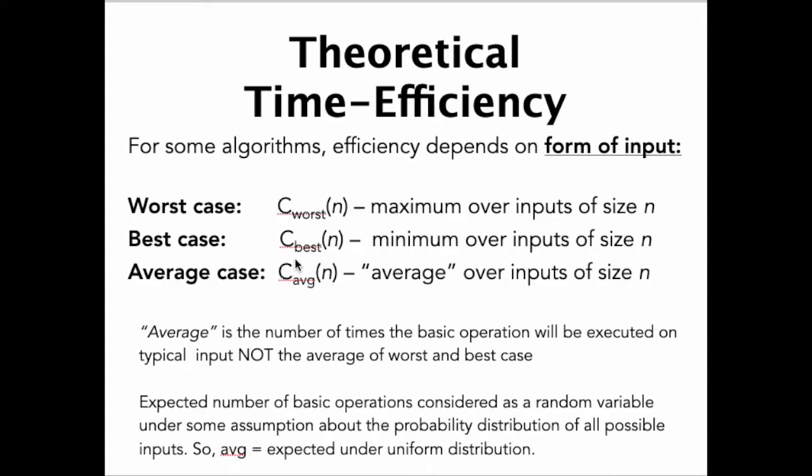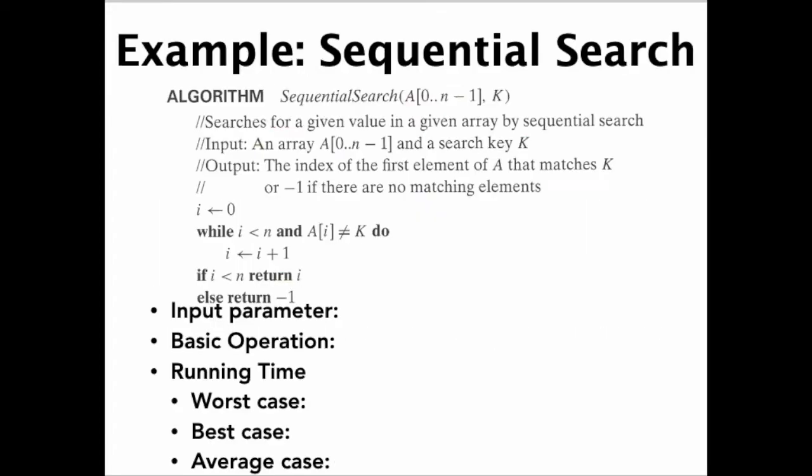Okay, so for the average case analysis, it is required that we compute for the expected number with respect to some probability distribution. So let's try to distinguish the three cases using this example. So search, yung sinusolve ng sequential search algorithm na to.